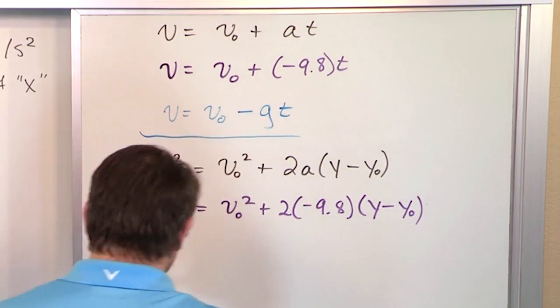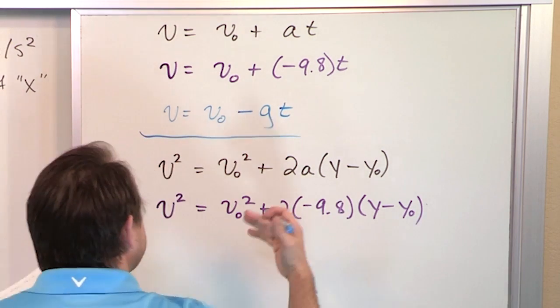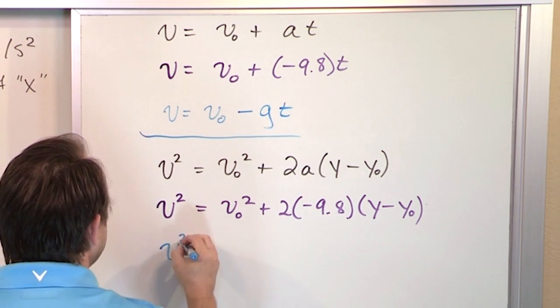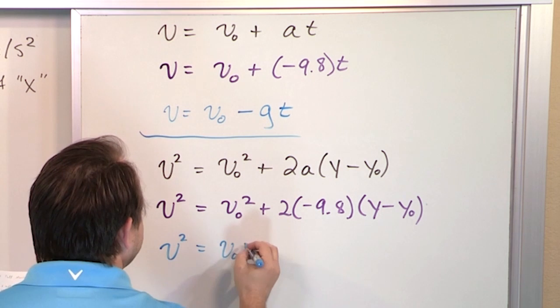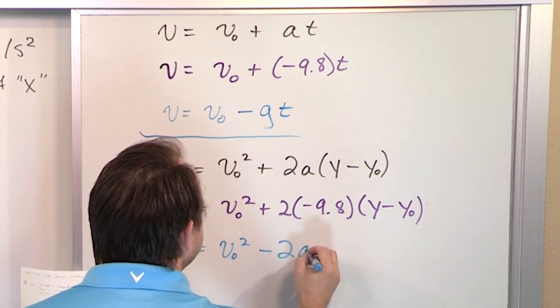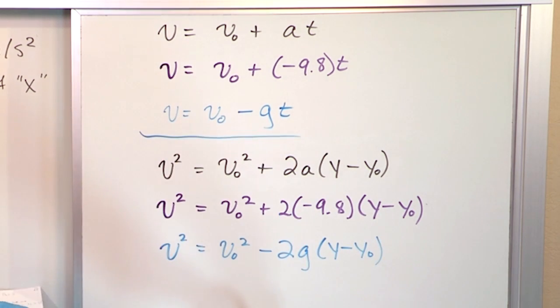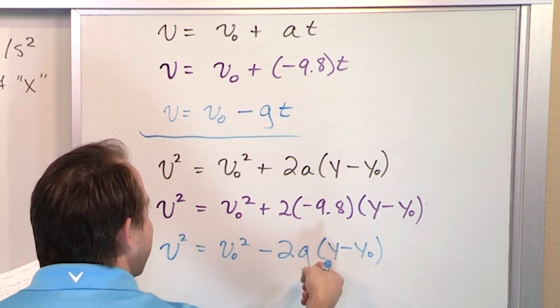But again, lots of books like to take something like this and pretend that there's a new equation of motion, which is, in my opinion, confusing for students. They'll do something like this: minus 2 times g times y minus y naught. So again, you have an equation with a negative sign and you have a g.